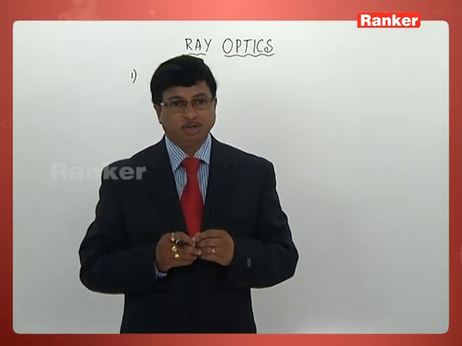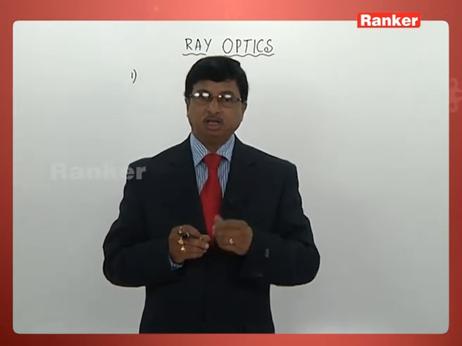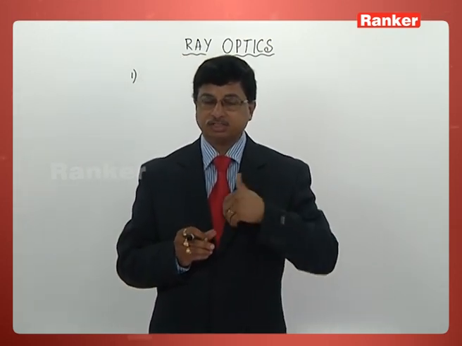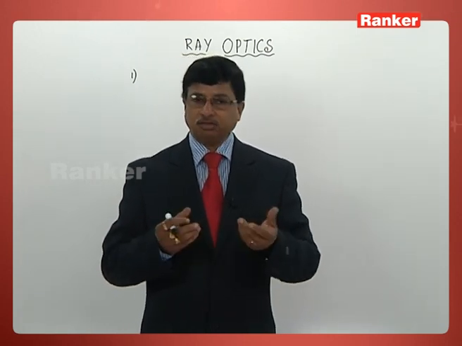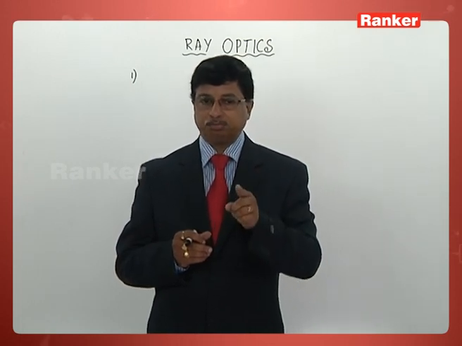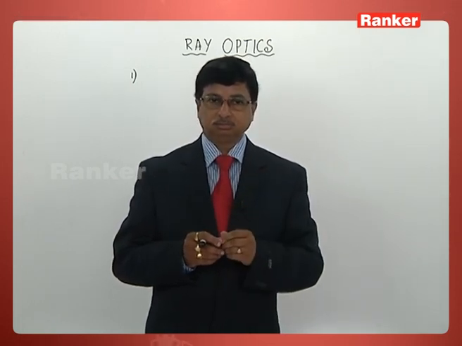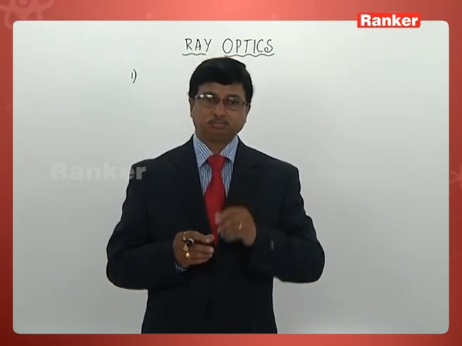But in this regard, one more point we have to remember as far as the convention is concerned while writing the magnifying power. The concept is quite simple. If the image formed is real, then magnification will be taken negative.